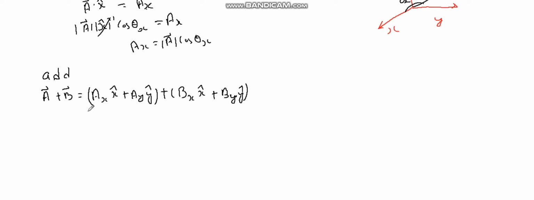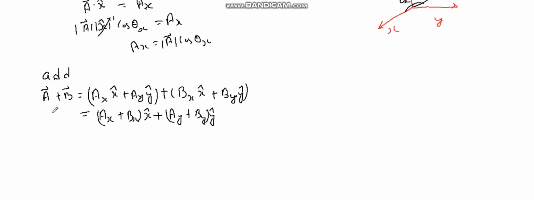So the rule to add these two vectors is to write ax with bx and ay with by, with x cap and y cap.